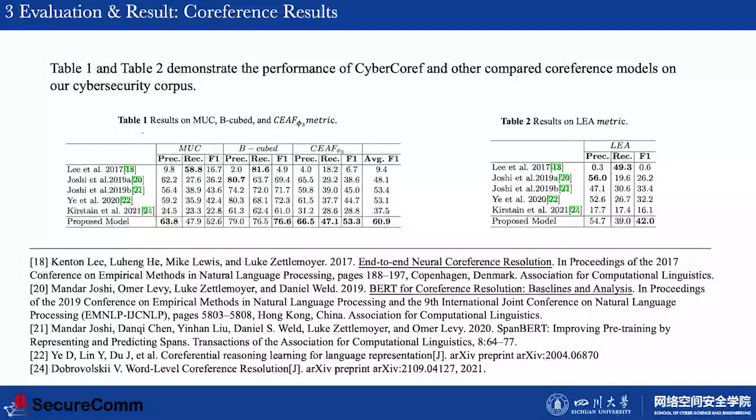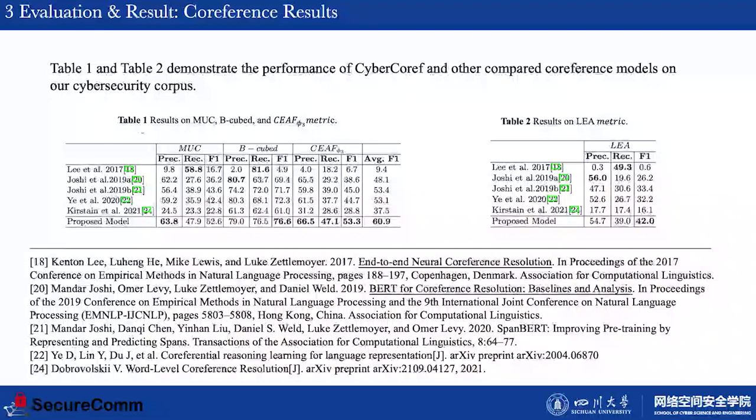Let's see the results. Table 1 and Table 2 demonstrate the performance of CyberCoref and compare the coreference resolution models on our cybersecurity corpus. The evaluation metrics are MUC, B-Cubed, CEAF and LEA. The compared models all achieved quite good results on the five datasets in the general NLP field.